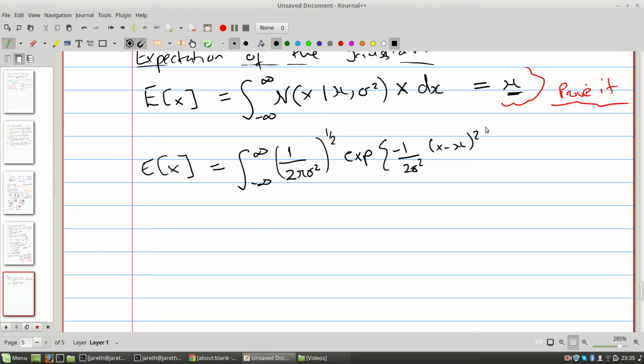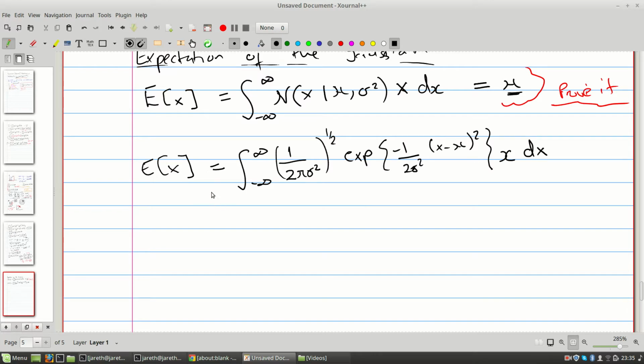So we're just rewriting this formula, but now we're multiplying it by x, then dx, as per the definition of the expectation for the Gaussian. And we want to prove all of this will boil down to being mu.